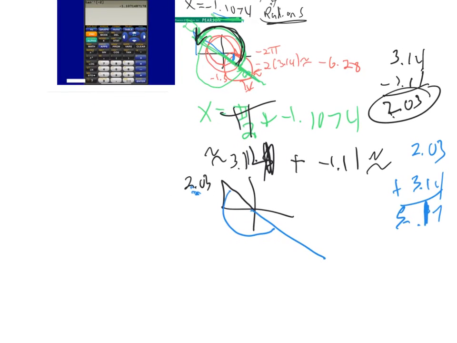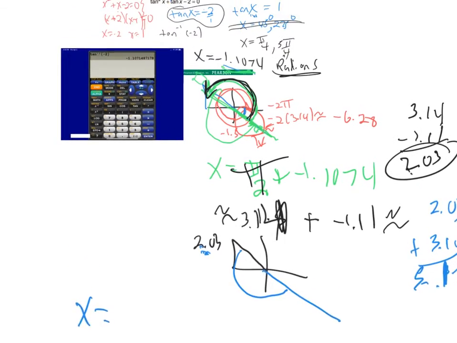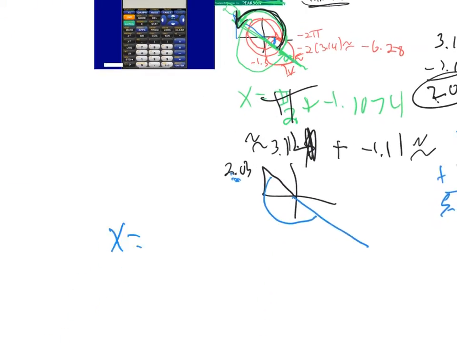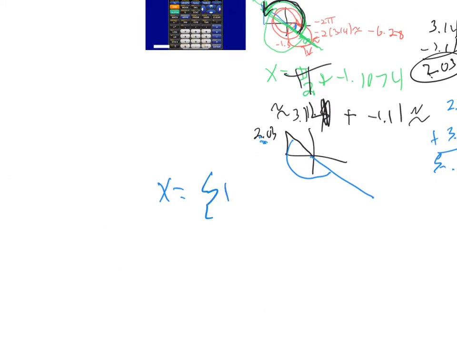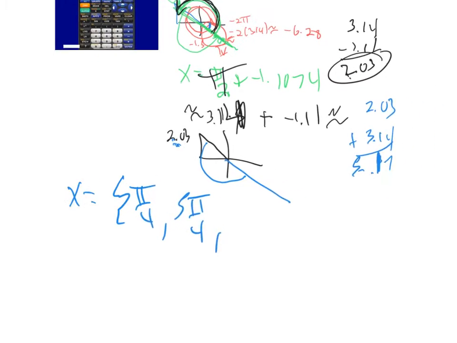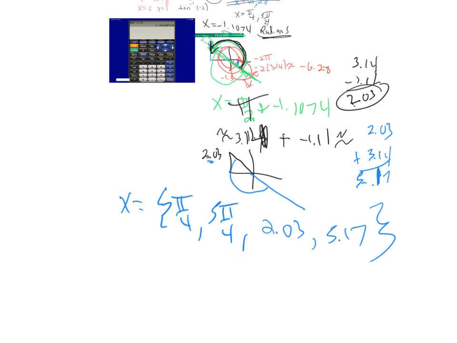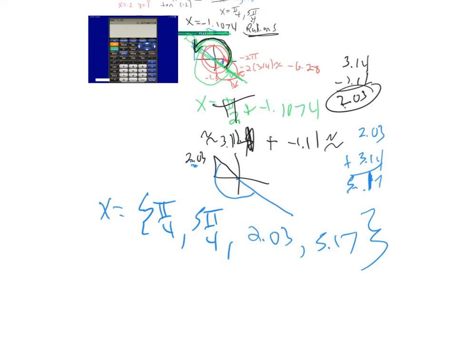All right, so my solution set. X is, my original answers I had were pi over 4 and 5 pi over 4. Now I'm going to take these two answers, my 2.03 and my 5.17, would be probably decent answers. Let me stare at it for a minute, make sure.